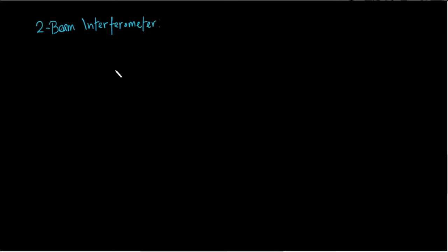What is this? Well, this is basically a device that has two channels. Suppose it has two channels or two beams for light to pass through it.